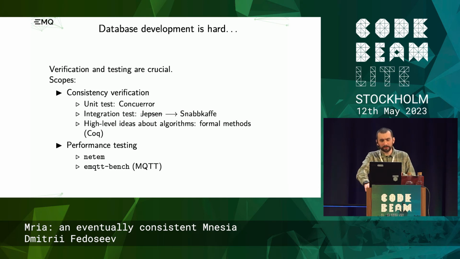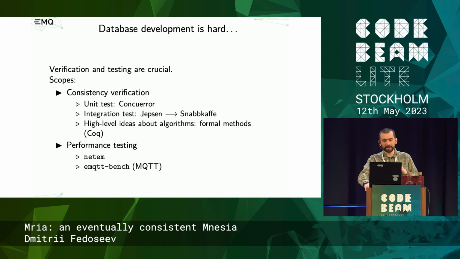If you don't know, Concuerror is a tool that goes through all possible schedulings of Erlang processes, so it can find all race conditions and deadlocks, provided your system is finite. It helped us to find very rare and tricky concurrency bugs, but unfortunately we couldn't cover the entire code by Concuerror tests, because usually it cannot emulate input-output, and Mnesia obviously does a lot of it.